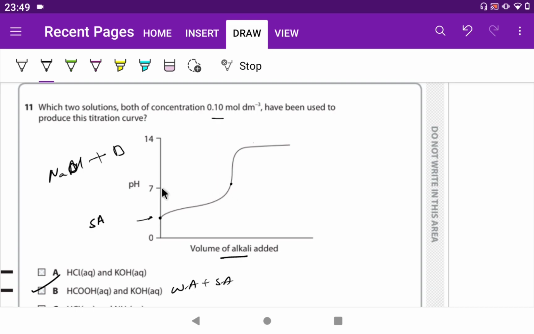After the neutralization point at 7, if we add a little more base, the pH suddenly increases to 14. It means the base we have used was also a strong base. So it's a reaction between a strong acid and a strong base.